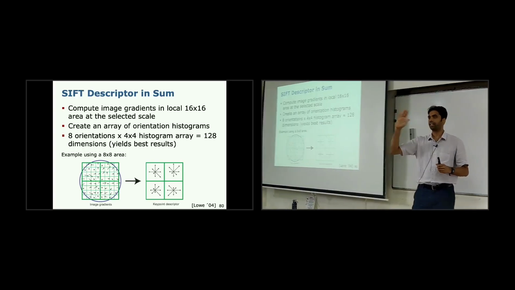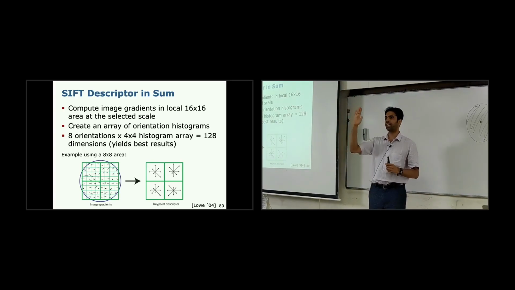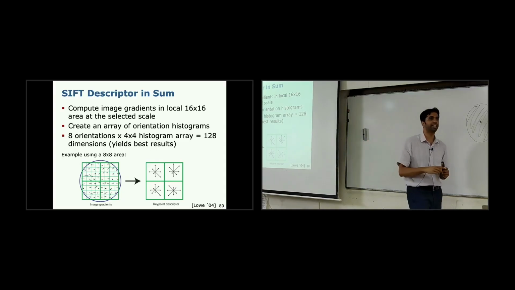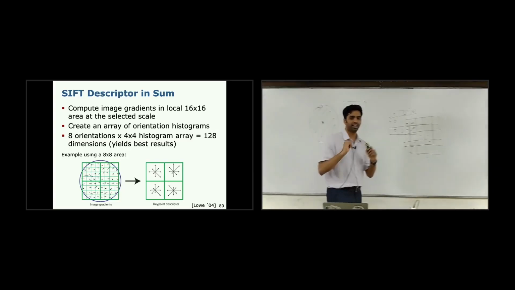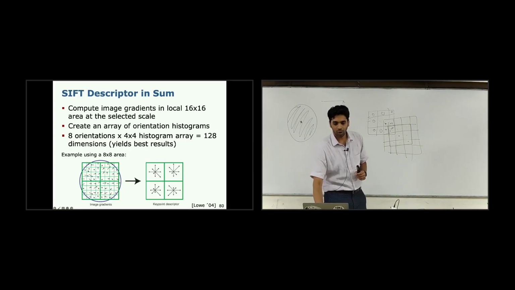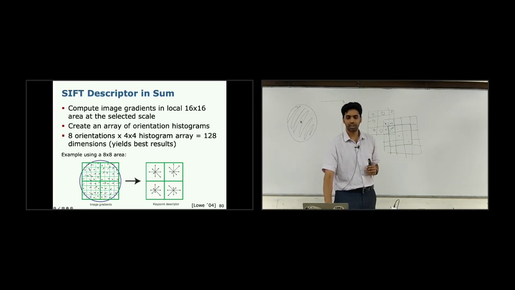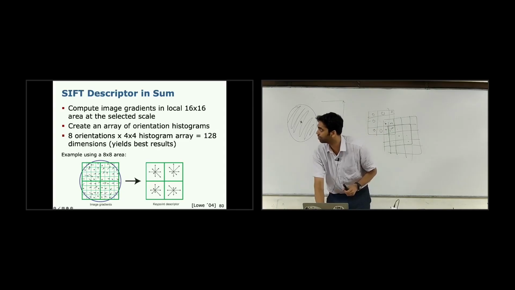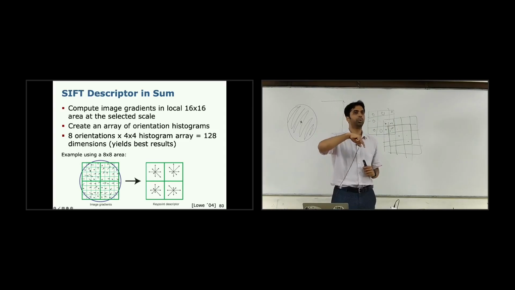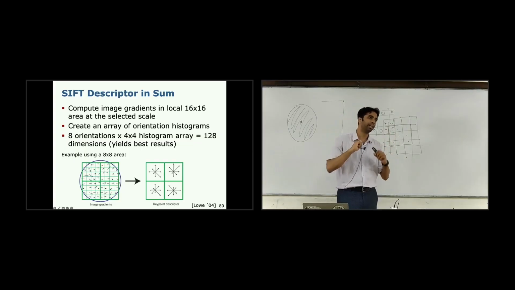So something like 0 degrees, 45 degrees, 90 degrees, 135, 180, 225, and so on. So you break your 360 degrees into 8 chunks. And then depending on which is the closest value that your gradient is falling into, you increase the count of that particular bin.